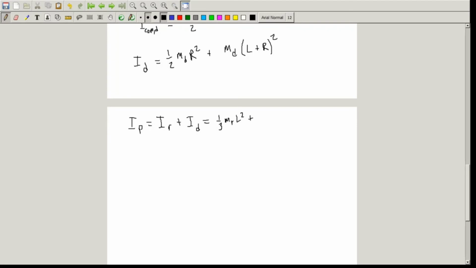And then I for the disk, of course, right there is 1/2 mass of the disk times radius of the disk squared plus mass of the disk times length of the rod plus radius of the disk squared. Now, if we plug in all of our known values, we end up with I for the pendulum as 0.205 kilogram meters squared.